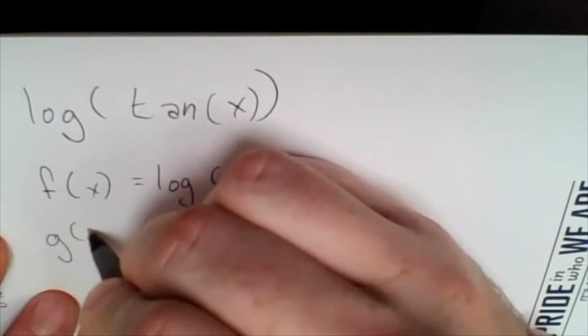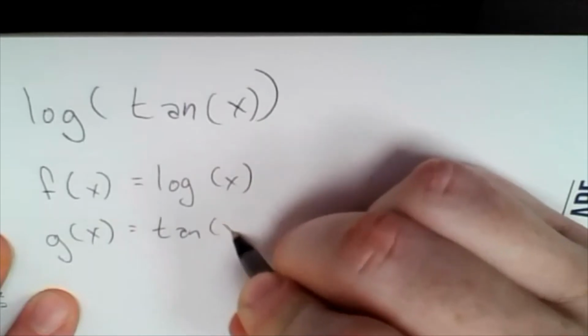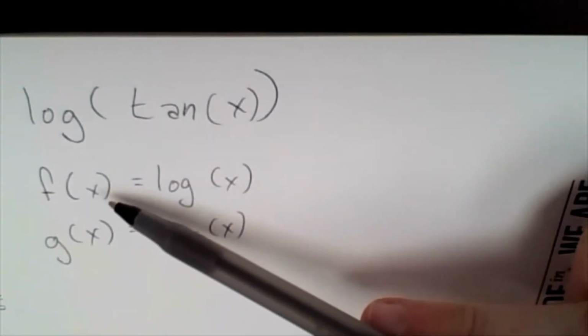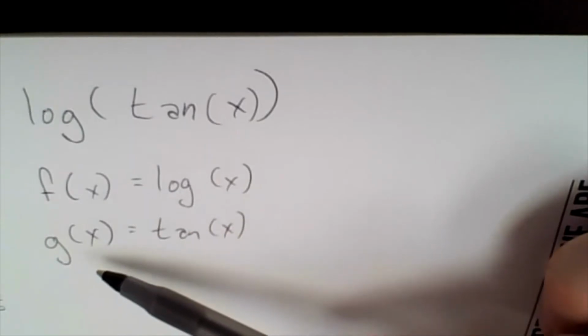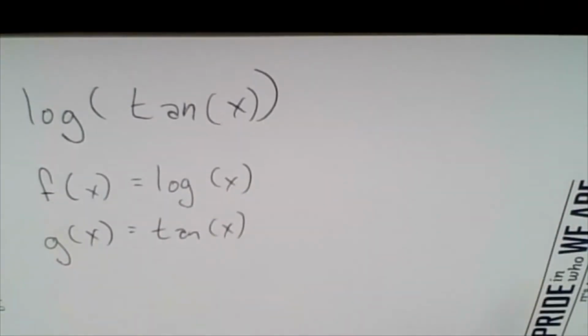My g of x is going to be the tangent function. And we can double check f with a g of x inside is exactly log of tangent. So that's all looking good.